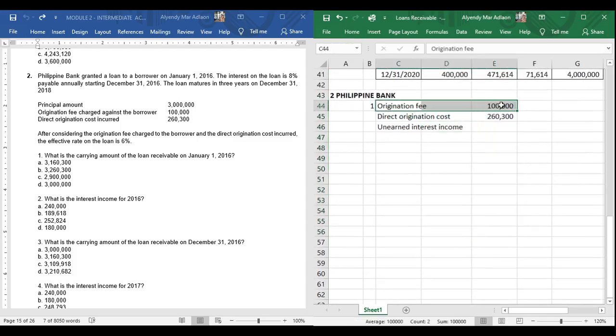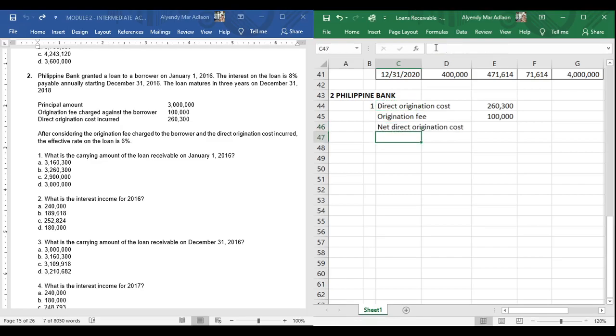Class, look. The direct origination cost is greater than the origination fee. Therefore, what we get now is not the unearned interest income but the net direct origination cost. So, what is the net amount?